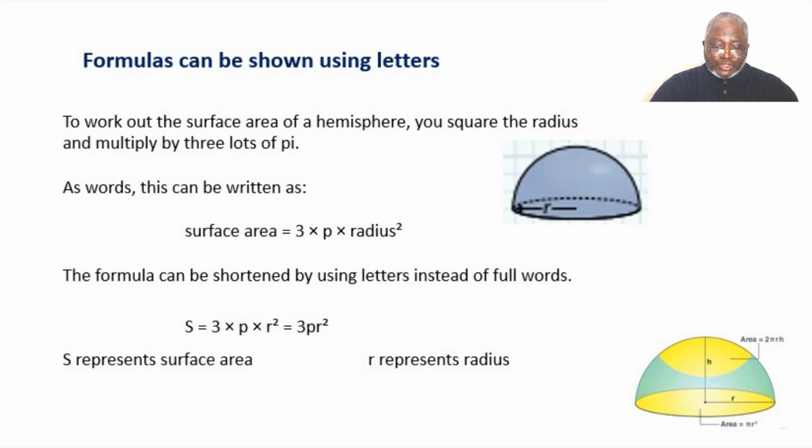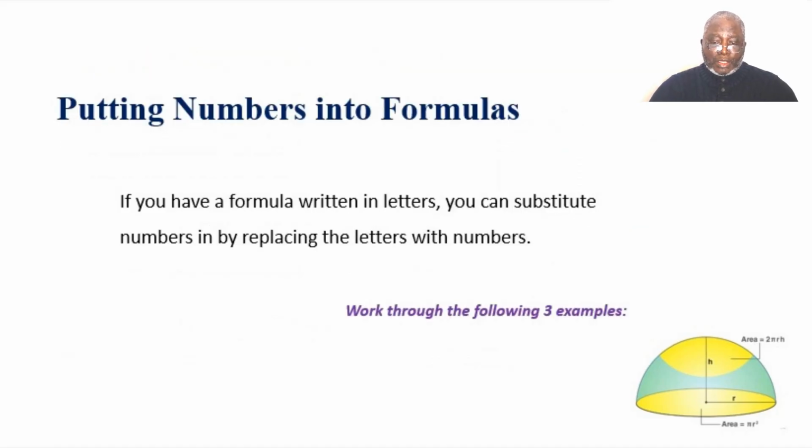The formula can be shortened by using letters instead of full words. So S is equal to 3 times P times R squared, equals 3PR squared. S represents surface area. R represents radius.